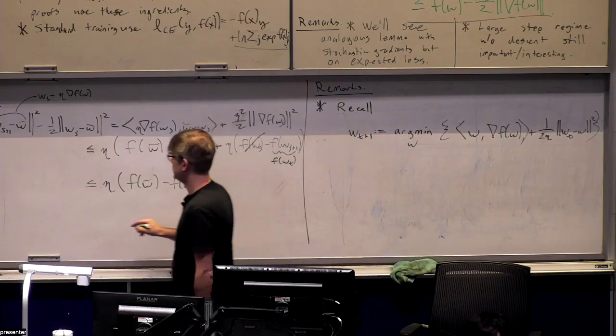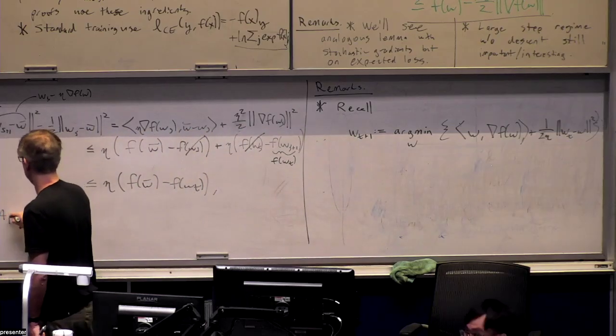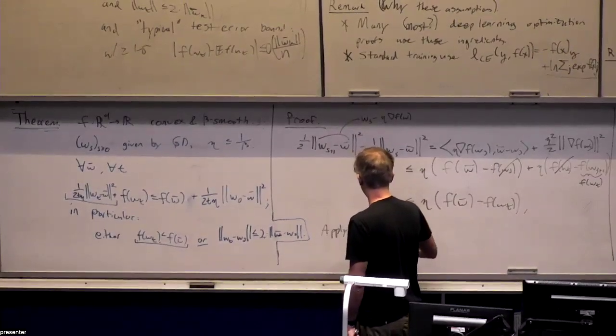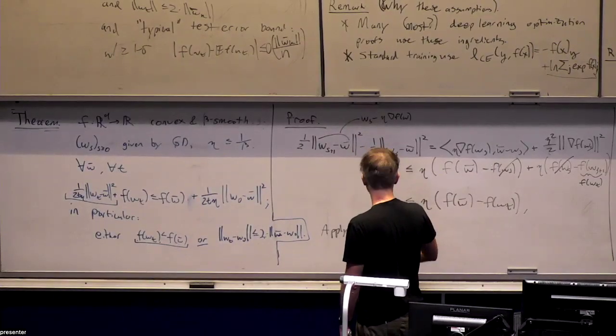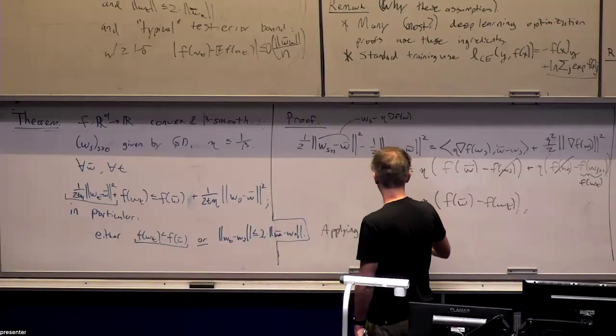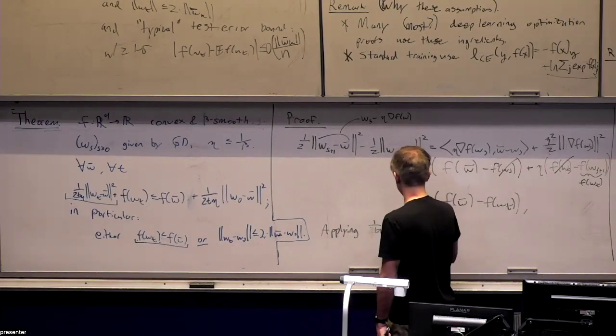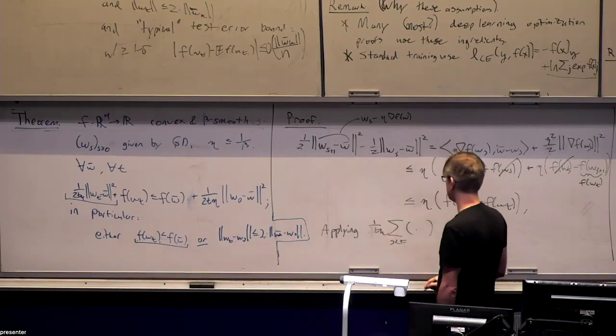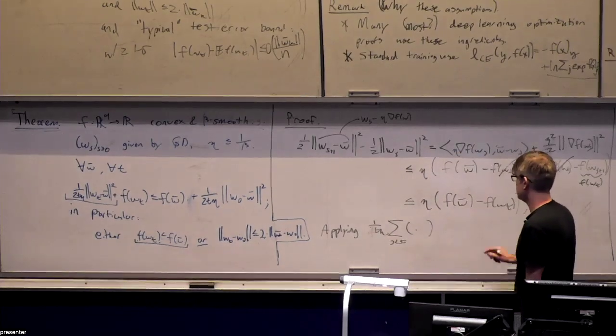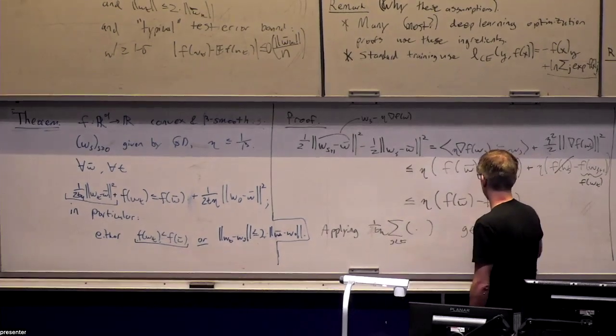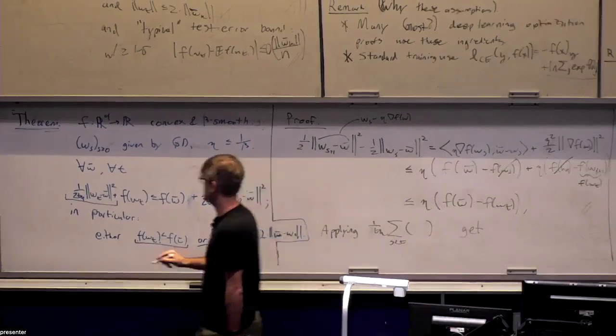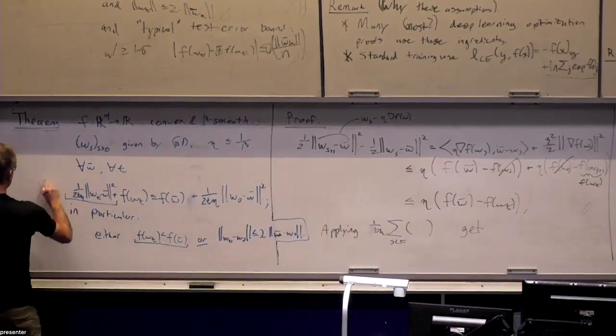Okay. And then if you apply 1 over 2t eta, wait, did I already do the 1/2? Oh, I already did the 1/2. Okay. If you apply this summation, this normalized average to both sides, then it implies this inequality.